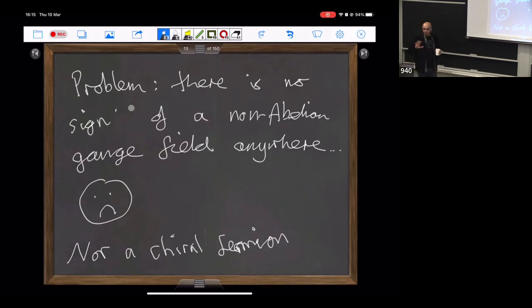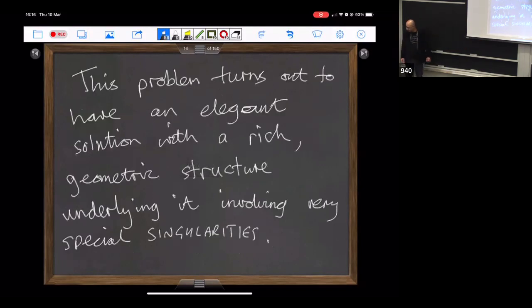And for the rest of the talk, I'm going to talk about how this problem is actually resolved. At this point, you might have just given up. Actually, people did give up in the 80s working on this problem, basically for these reasons. But the discovery of M theory, as I mentioned, in the 90s sort of revived interest in this problem. Non-abelian gauge fields and chiral fermions are building blocks of quantum field theory in 4 dimensions, so I'm just emphasizing that this is an important problem.